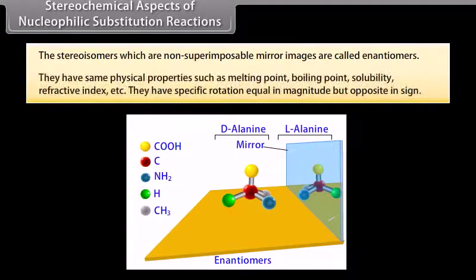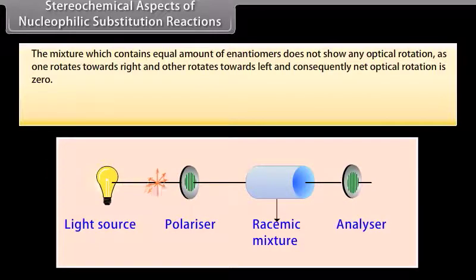They have the same physical properties such as melting point, boiling point, solubility, refractive index, etc. They have specific rotation equal in magnitude but opposite in sign. The mixture which contains equal amount of enantiomers does not show any optical rotation.